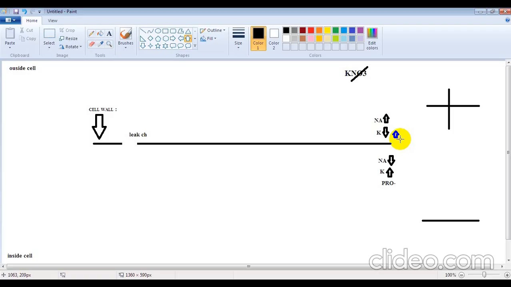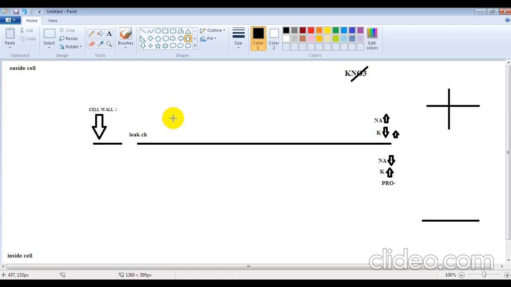What are the consequences of this situation? When the external concentration of the potassium is increased, the outflow of potassium from inside to the outside decreases, because the concentration gradient has been reduced.